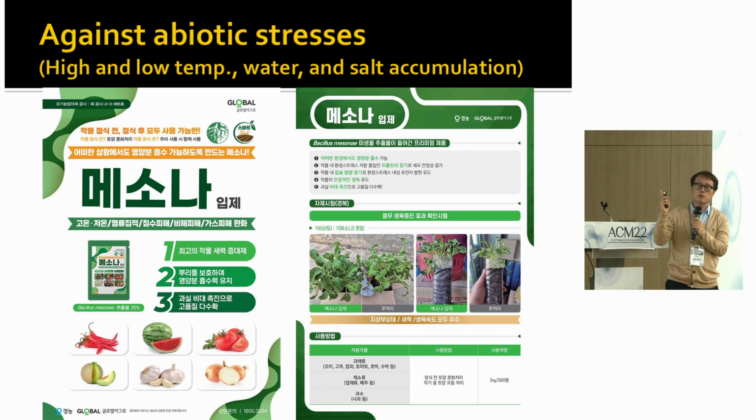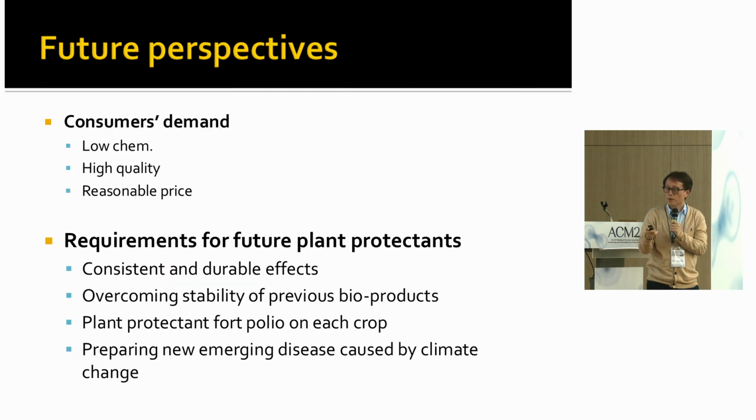The recently released one, Mesona, is one of the most interesting for me because it is against abiotic stresses, such as high and low temperature, water and salt accumulation. Okay, I think this is the last slide.